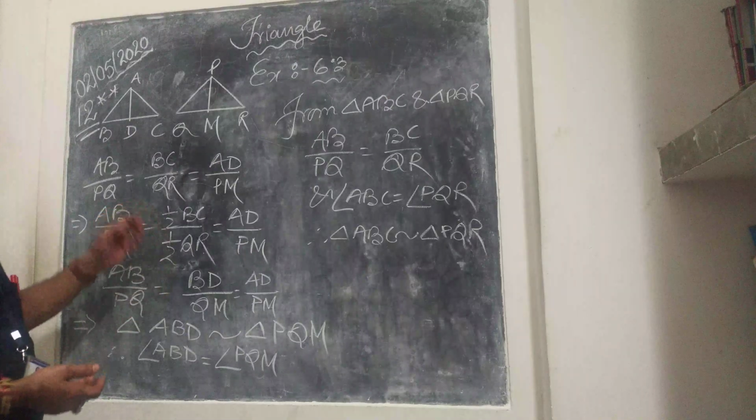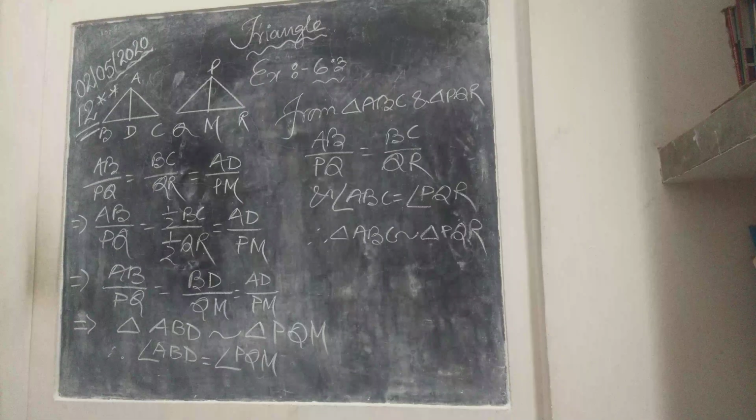So today in the first question, as you can see on the board, I have written question number 12, and I have given two asterisk signs also. It means this is very important for the exam.